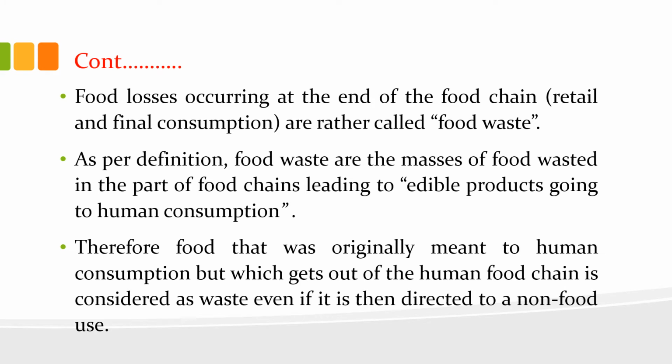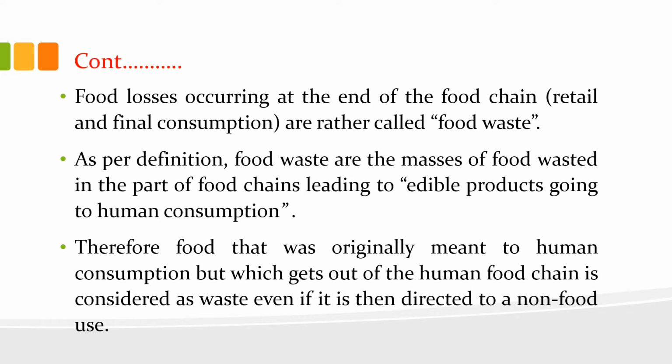So food losses occurring at the end of the food chain, that is retail and final consumption, are rather called food waste, right? So as per the definition, food waste is the mass of food wasted in the part of the food chain leading to edible products going to consumption.